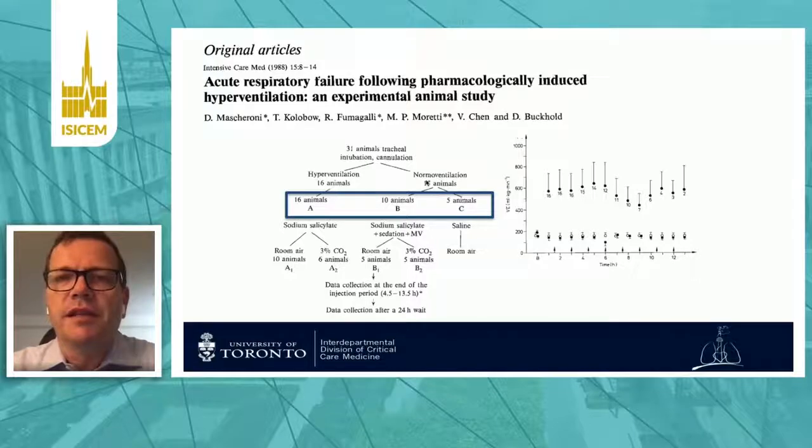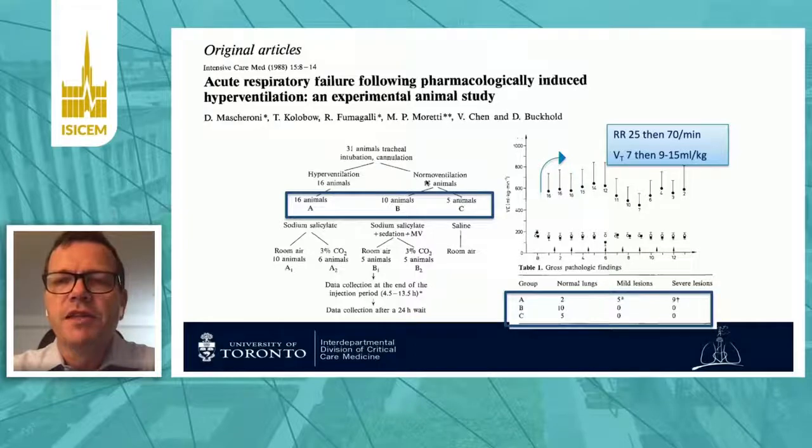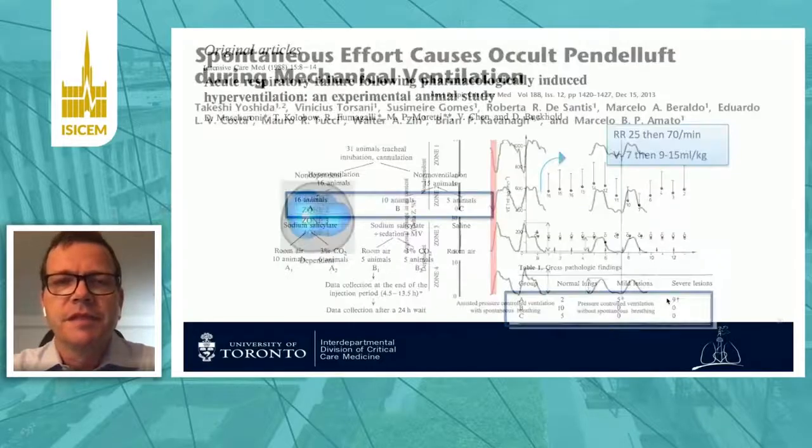We know that, at least experimentally, one can cause ventilation-induced lung injury without a ventilator, just by inducing extreme hyperventilation in sheep. This study was able to show significant severe lesions in sheep that were forced to hyperventilate by injection of salicylate into the foramen magnum, and that resulted in what looked like ventilator-induced lung injury, despite there not being a mechanical ventilator.